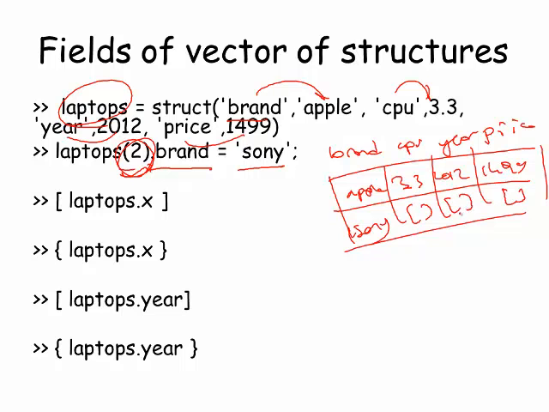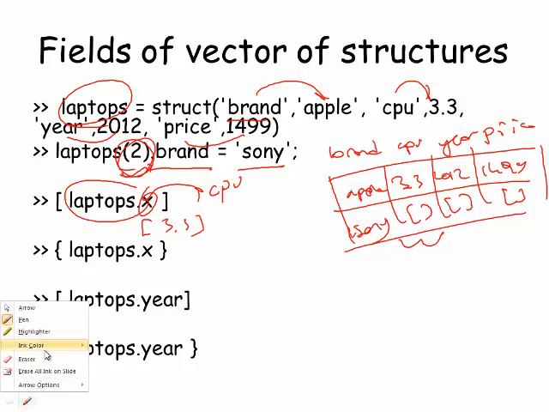So laptops.x, which is not an example here, will give you an error. Let's replace that with laptops.cpu. So you are collecting the CPU, and that'll give you 3.3, which is going to be a single number.